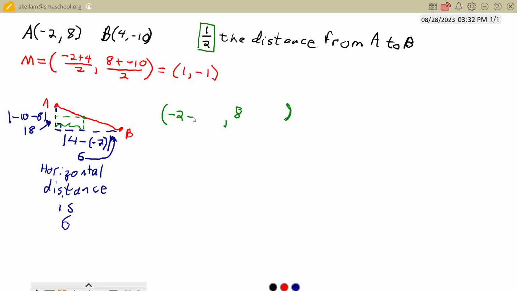So I'm going to be adding, because I'm going from -2 to +4, and that means I'm getting larger. The 8, I start at 8 and I go to -10. That actually means I'm decreasing, so I'm going to subtract. So these signs are determined based on, am I increasing or am I decreasing?